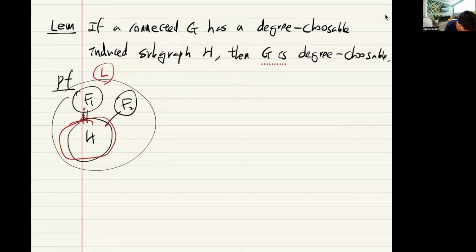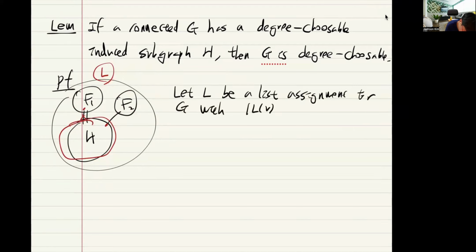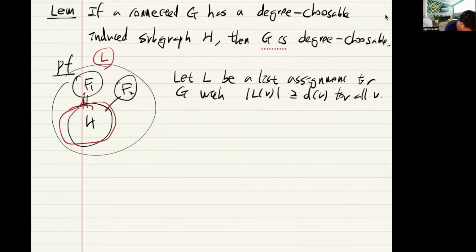So that's the proof. And maybe let me write it. So let L be a list assignment for G, with the list size being at least its degree for all vertices.